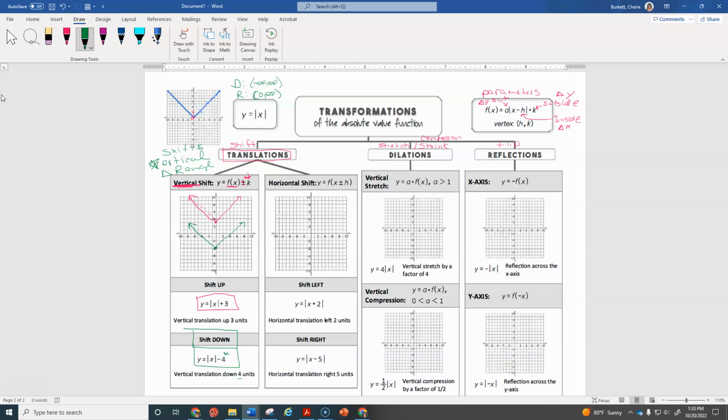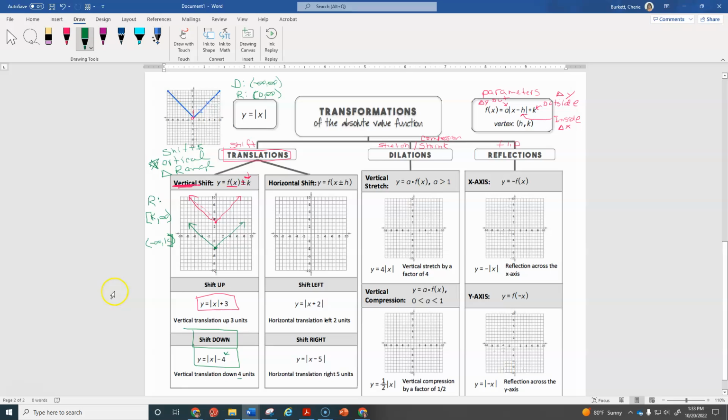So the range after it's shifted vertically is always going to be wherever you shifted it. So it'll be your k value, comma, infinity, if it opens up. If it opens down, it'll be negative infinity to your k value. And we'll see some of those over here when we look at reflections.